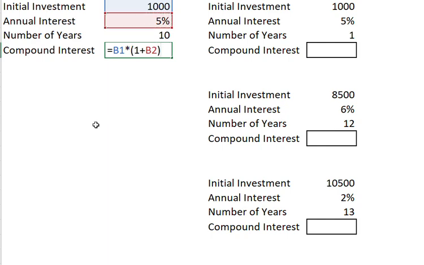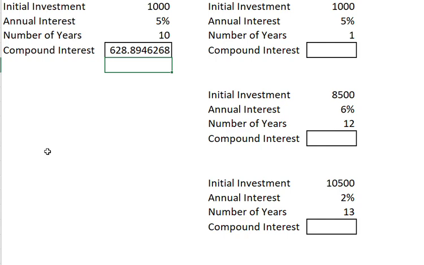Now we will use the power of in Excel. We will press the shift key and on the top there are numbers 1, 2, 3, 4, 5, 6, 7, 8. From that we will select number 6. So shift plus number 6 will give us the power of, then we will select number of years, minus initial investment, and then press enter.